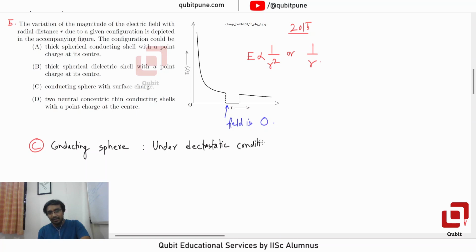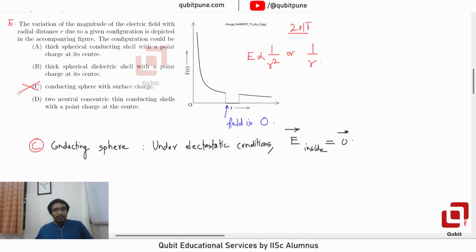Under electrostatic conditions, Gauss law tells us that E inside is 0. Is it clear? So that is definitely not right. C is not right: conducting sphere with surface charge. Have you got this point?